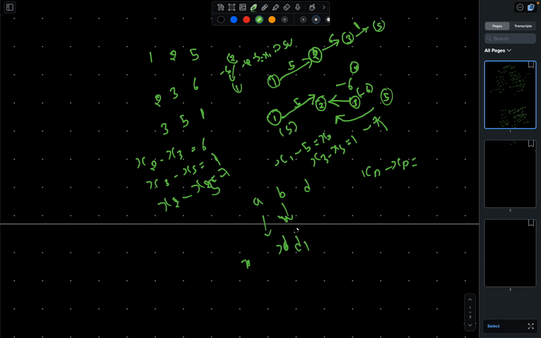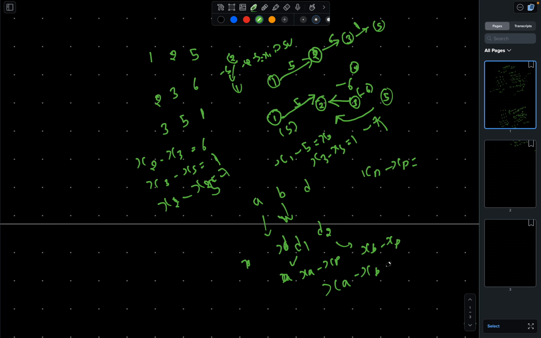Say d1 is the distance of a from the ultimate parent, d2 is the distance of b from the ultimate parent. Now what is the distance between a and b? Basically d1 is xa minus xp, d2 is xb minus xp, and we need xa minus xb, so we can subtract them.